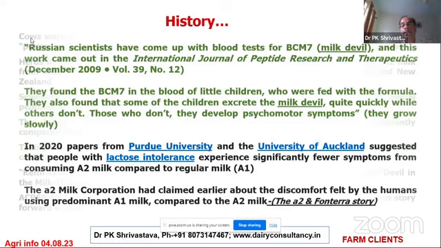Now people started realizing that the A2 Milk Corporation's earlier claim is right. The A2 Milk Corporation still lives in New Zealand and is thriving, selling A2 milk in Australia, New Zealand, Indonesia, some part of the UK, and some other parts of the world.